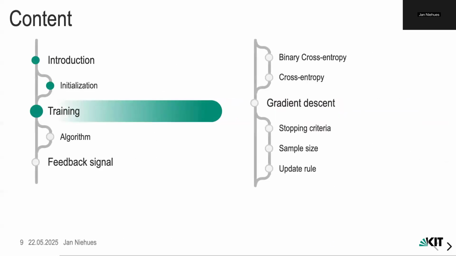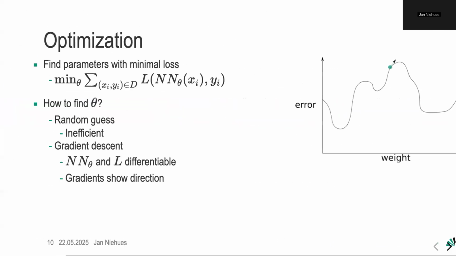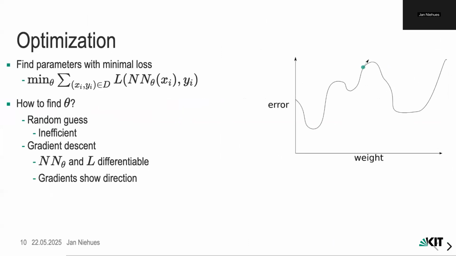Okay, so how does this training work? The overall idea of the training is we want to find parameters theta which minimize our error on the training data. There are several important things here. First of all, we're assuming a good network is a network where the loss on your training data is minimal. How do you do that?